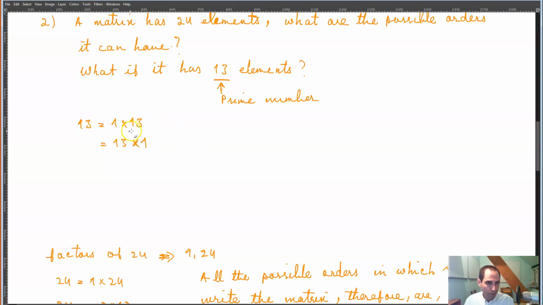Therefore, the possible orders would be 1 by 13 and 13 by 1, right? These are the two different ways. That is question number 2.